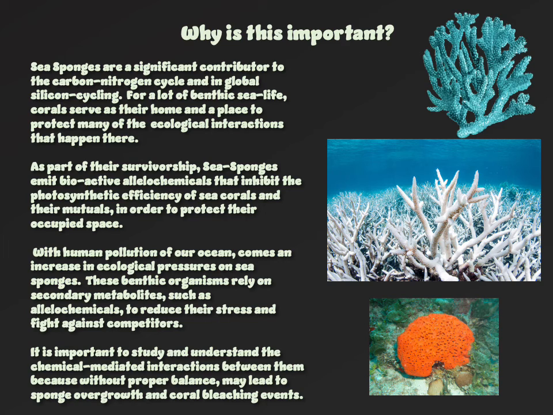So with additional stressors such as climate change, human pollution, ocean acidification, and overfishing, they're going to release these allelochemicals to reduce their stress and fight against competitors. And so it's important to study these interactions because you want to make sure you are keeping proper balance, so that it doesn't lead to a coral bleaching event or overgrowth of sponges.